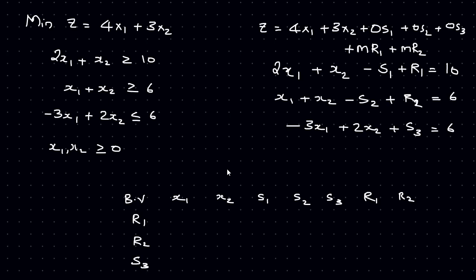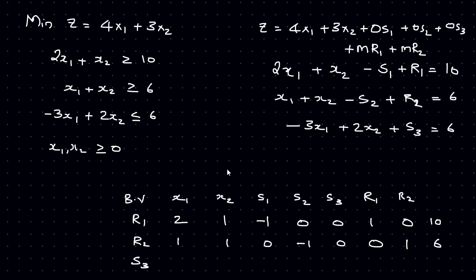From equation 1 we have the coefficient of x1 as 2, x2 is 1, s1 is minus 1, there's no s2, there's no s3, r1 is 1 and r2 is 0, and we also write the right hand side, which is 10. For the second equation we write 1, x2 again 1, s1 is 0, s2 is minus 1, s3 is 0, r1 equal to 0, for r2 the coefficient is 1, and the right hand side is 6.